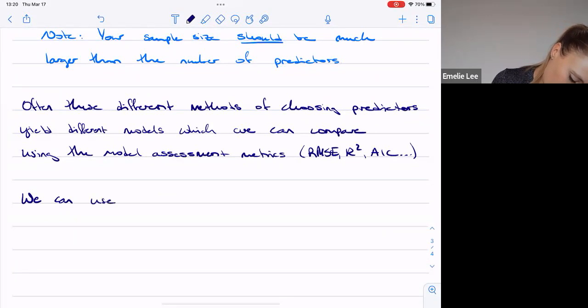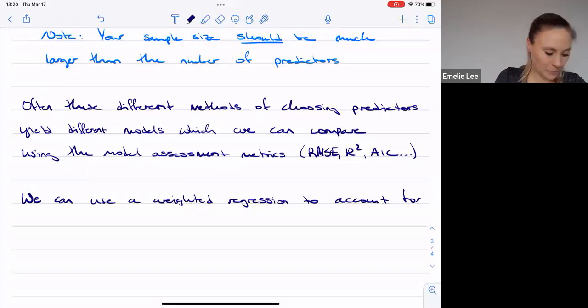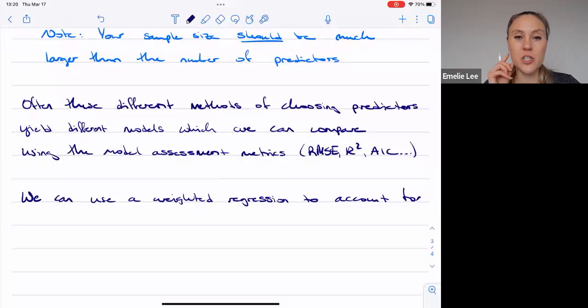We can use a weighted regression to account for maybe a different number of observations, right? So maybe you have one person in your study who's reporting values twice a day and everyone else is reporting only once a day. You want to use that data, but you also want to weigh it down a little bit, because you have more of those observations.